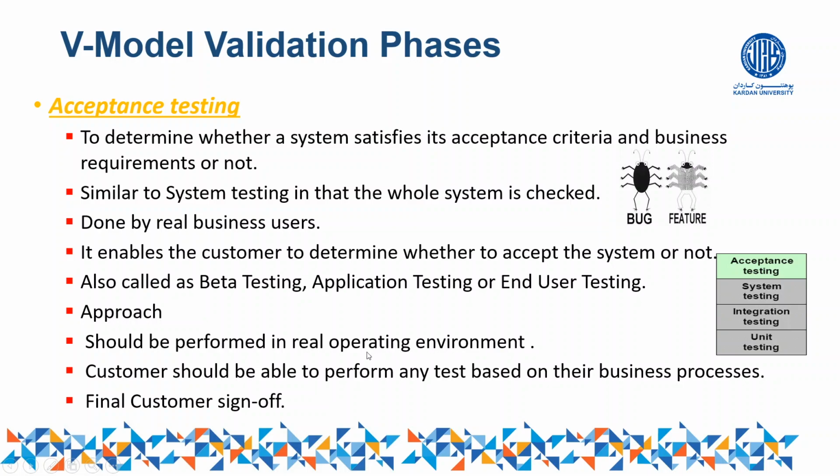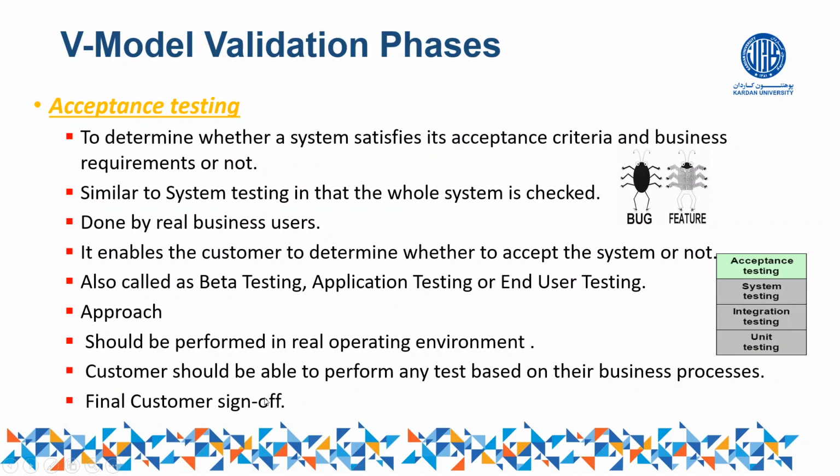So we would provide such an environment, install the software in that environment, and test the software system. The customer should be able to perform any test based on their business processes. Because business processes may be composed of many activities, the different transactions done in a particular business, the customer will perform this sort of testing.